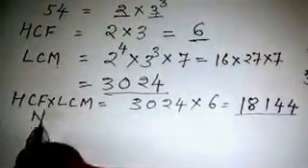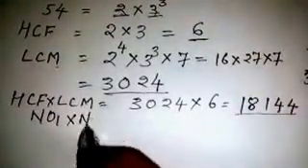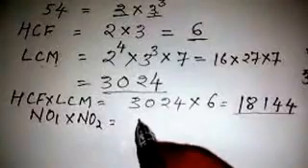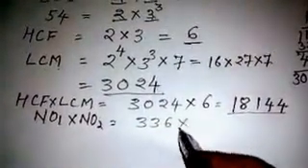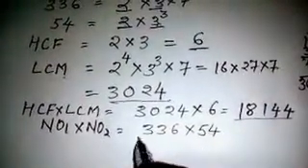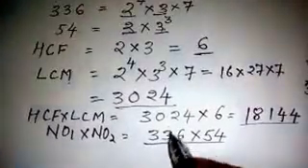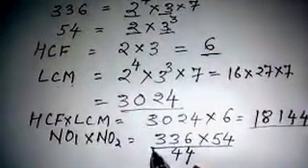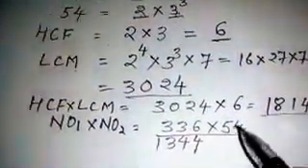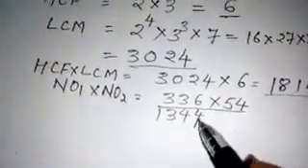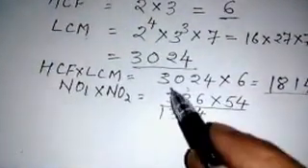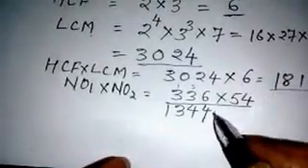And the product of the numbers, let's check now: 336 multiplied by 54. We multiplied by 4 first. 4 6s are 24. 1344.